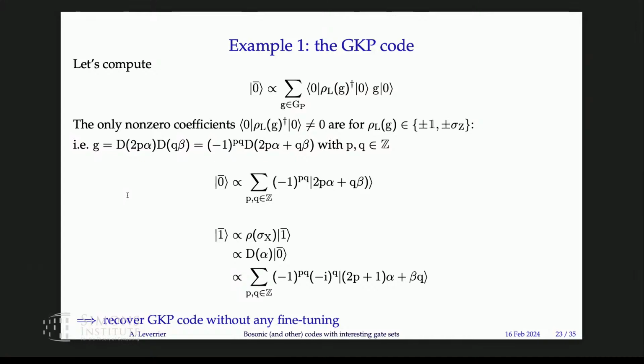You get that 0 is a superposition onto a lattice of coherent states, and 1 you can also get as a superposition of coherent states. So you recover the GKP code without any fine tuning. In the recipe, you need to choose a logical state and a physical state. Here I just chose 0 for the logical state and the vacuum state for the physical state, put that in the formula, and get GKP.